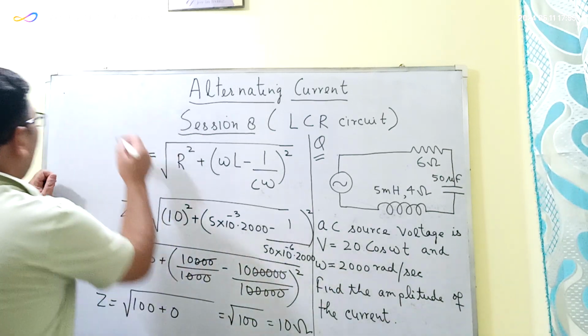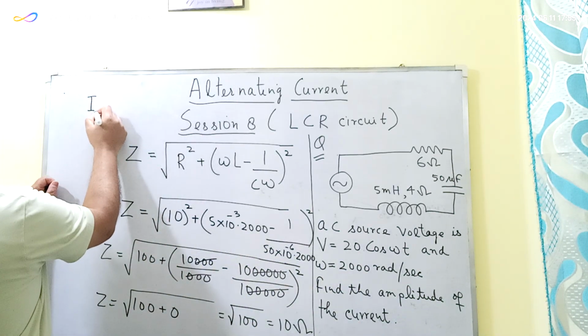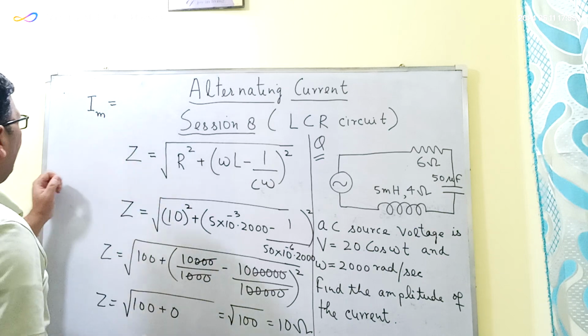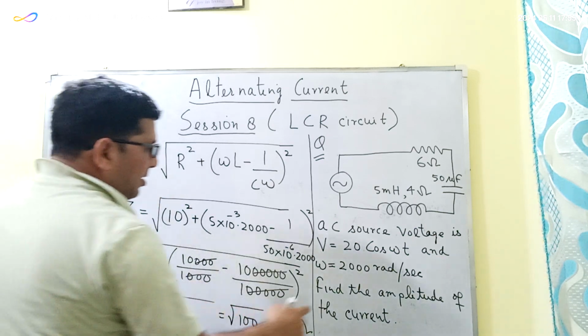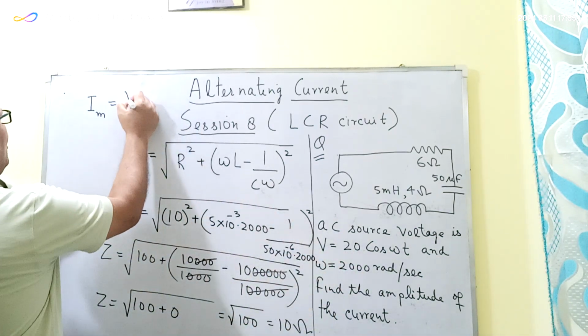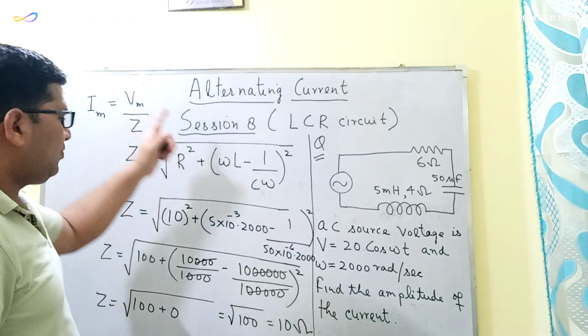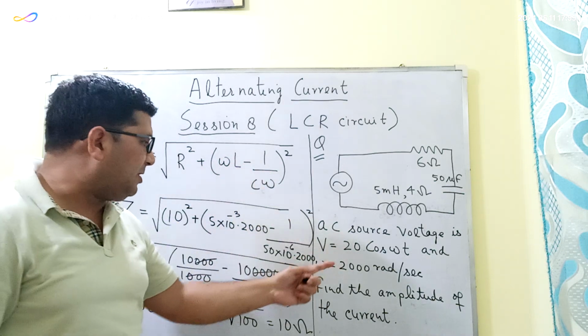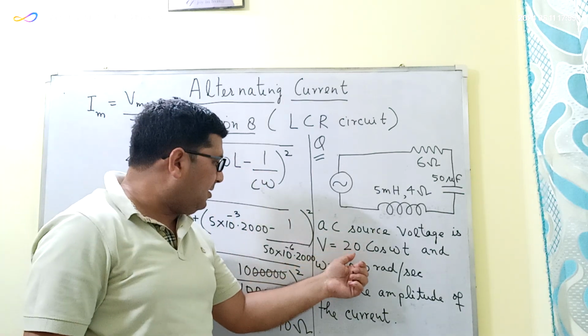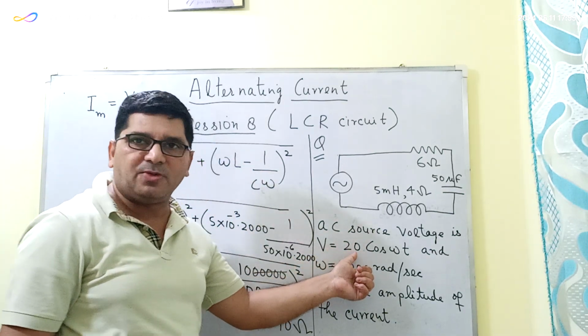The amplitude of the current, which is denoted by Im, is equal to Vm divided by Z. What is Vm? It is the amplitude of the oscillating potential difference, and so in this case Vm is equal to 20.